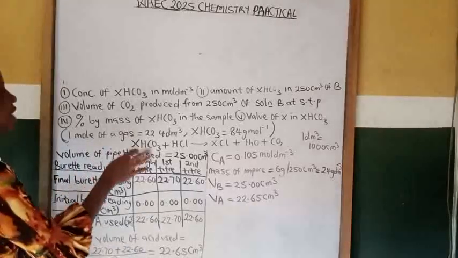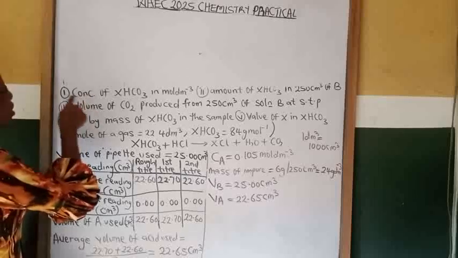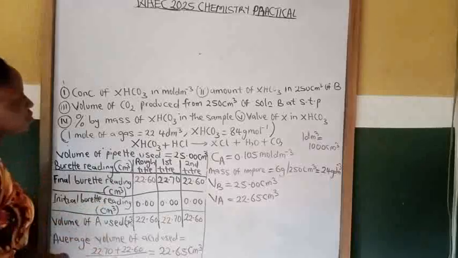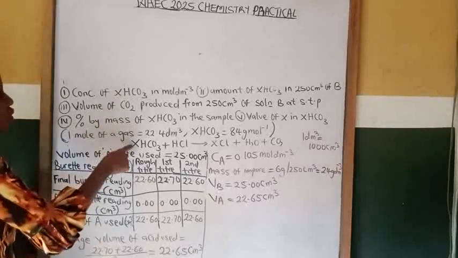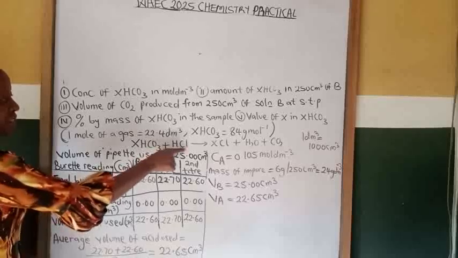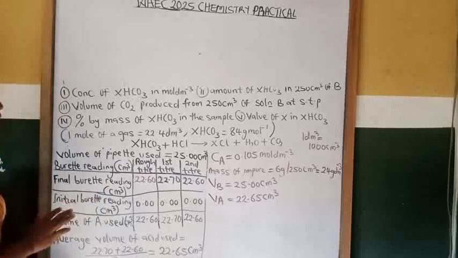So from your results and the information provided, question 1 says, calculate the concentration of XHCO3. Then what is my XHCO3? That is my base. Since HCl is my acid, automatically XHCO3 is my base.